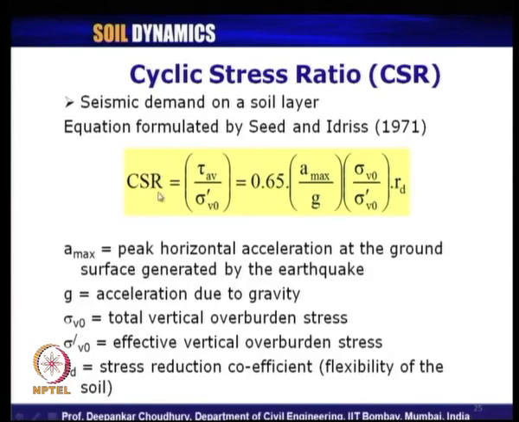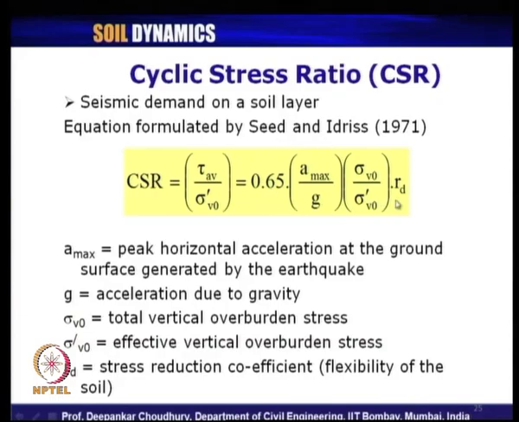It is equal to the average shear stress getting developed divided by the effective vertical stress at a particular depth. So, CSR is nothing but how much average cyclic shear stress is getting developed divided by sigma V naught dash, which is expressed by Seed and Idriss by this equation.